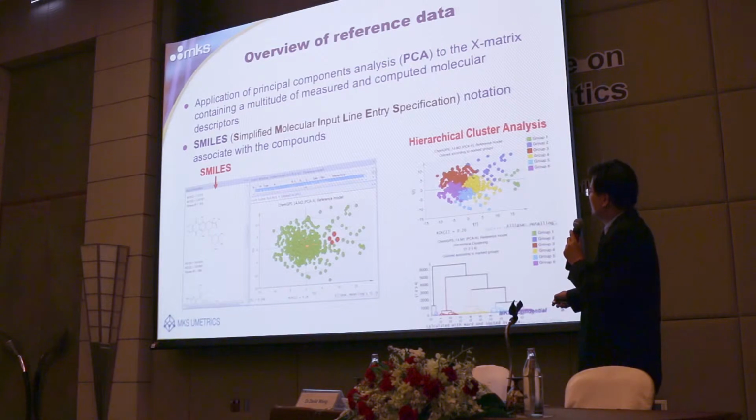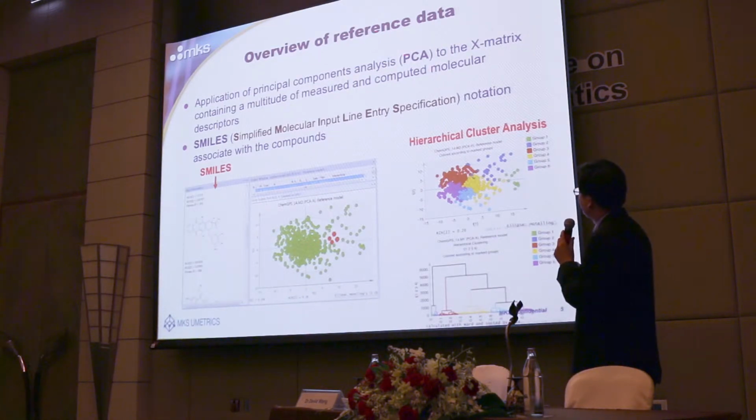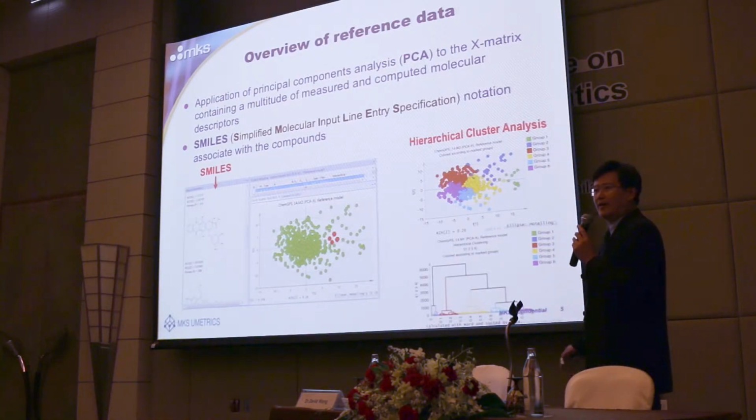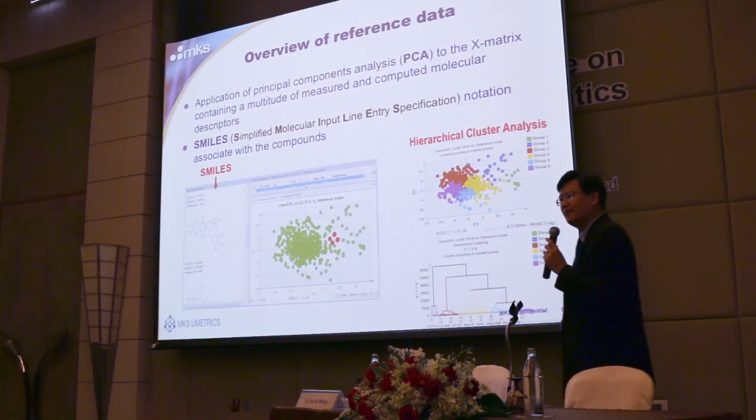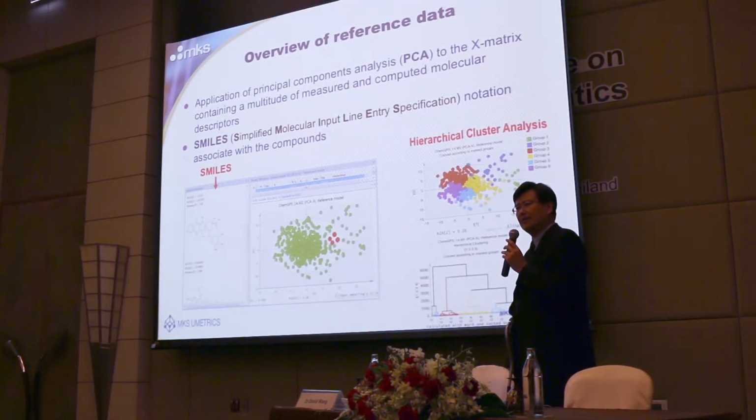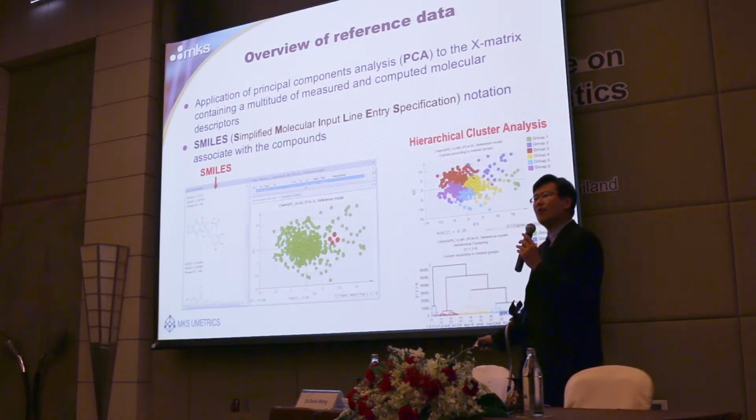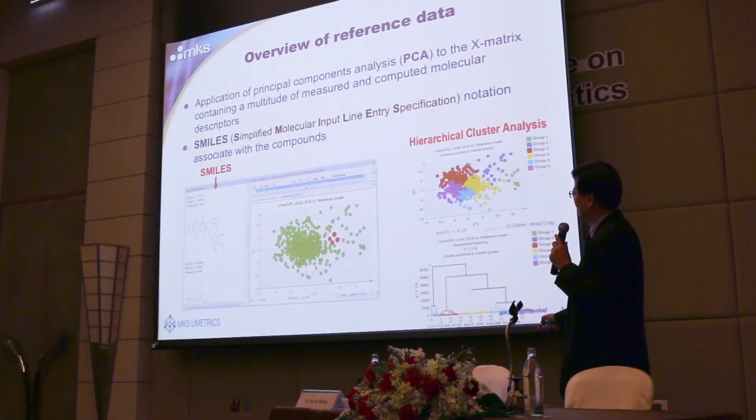And here is the result of PCA. We have 72 descriptors, the variables, and by using PCA we can project many variables into low-dimensional variables. In this case, we have two.